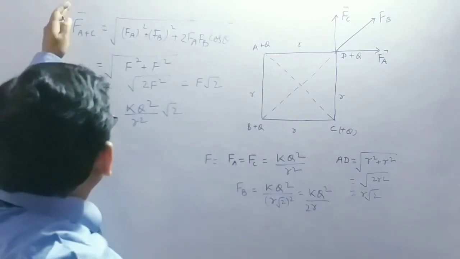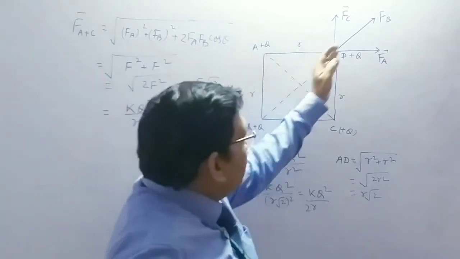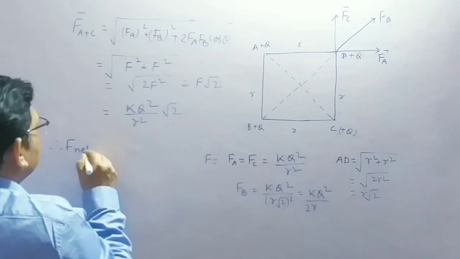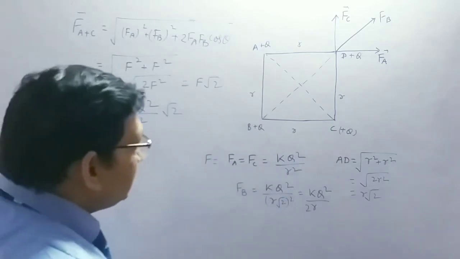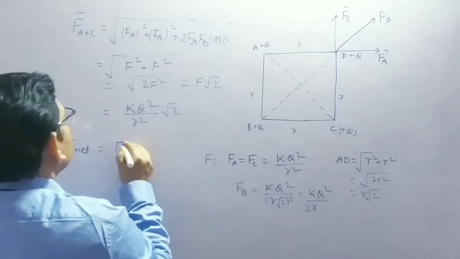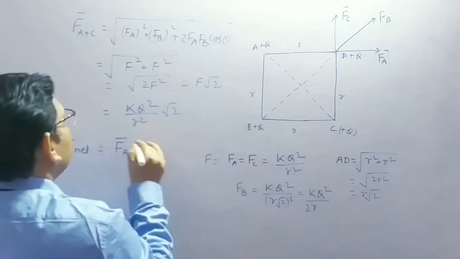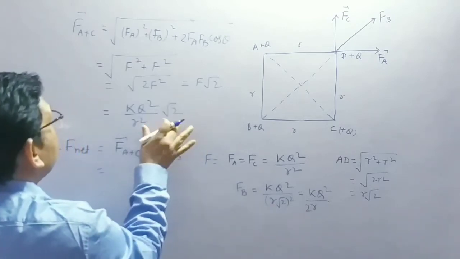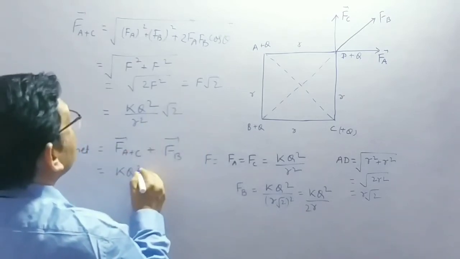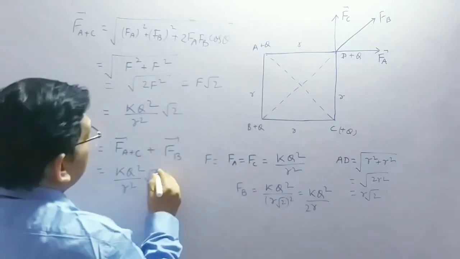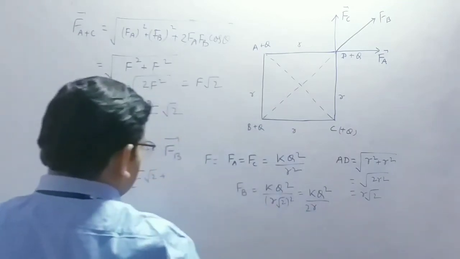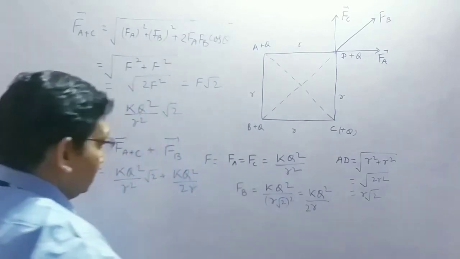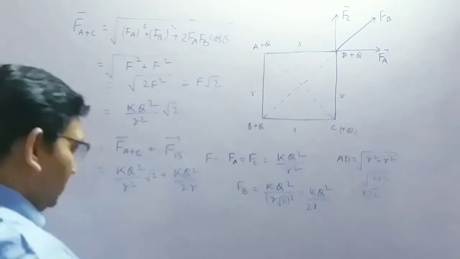Now in the direction of force A plus C, we are also going to add force B. So now the net force acting on charge plus Q at D can be written like this: resultant of force A plus C plus force B. The resultant of force A plus C we have calculated as KQ square by R square root 2, and the magnitude of force B is KQ square by 2R.